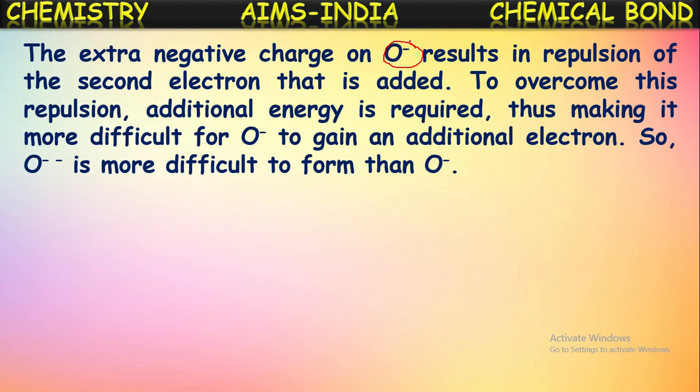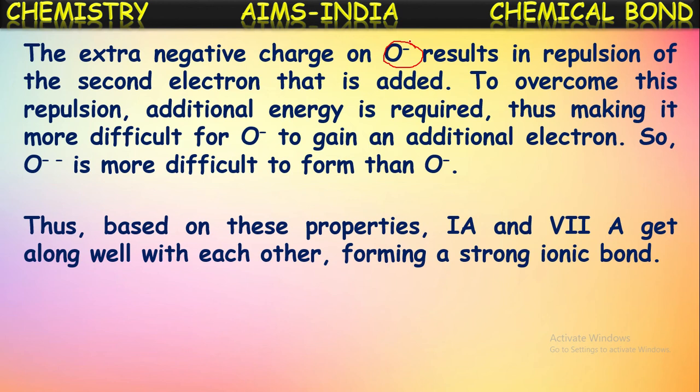So to overcome this repulsion, additional energy is required by the oxygen atom to accept the second electron, thus making it more difficult for O minus to gain an additional electron. So formation of O2 minus is more difficult than the formation of O minus ion. Okay.